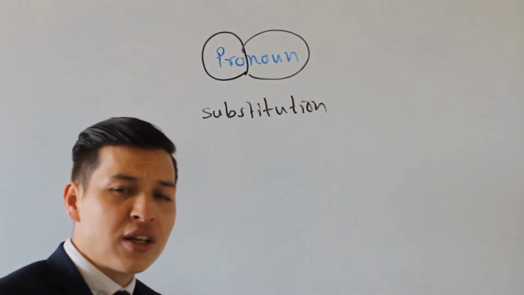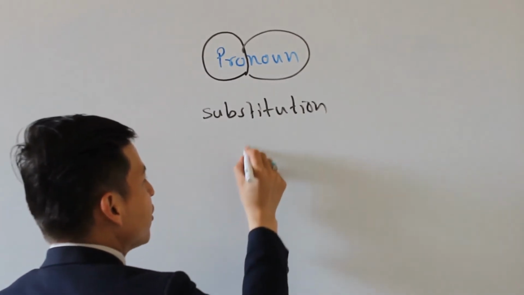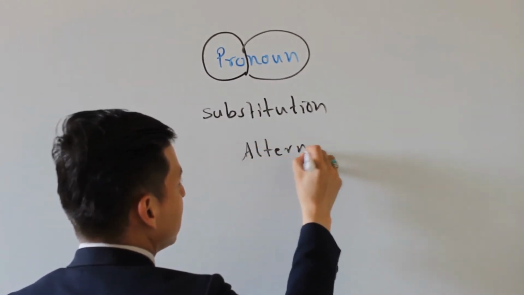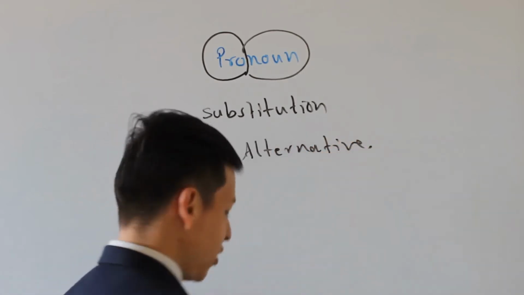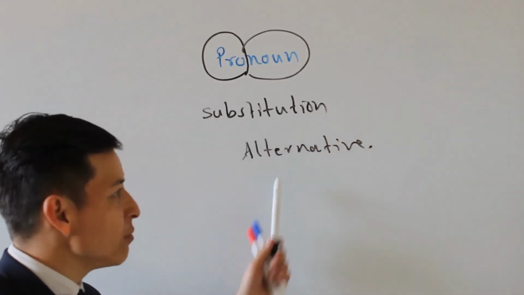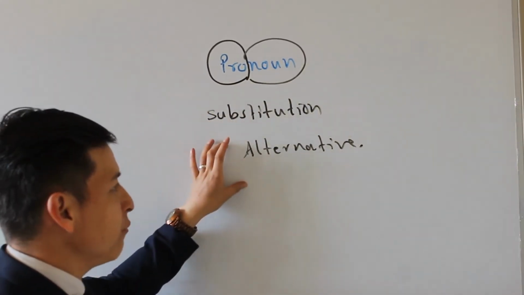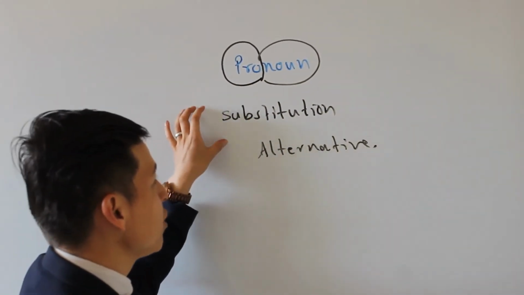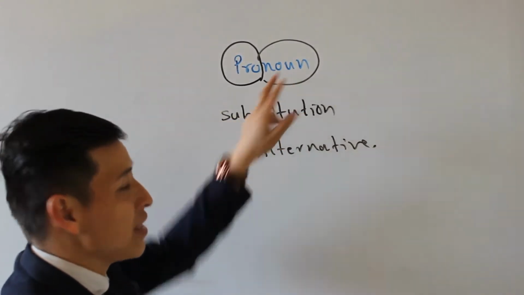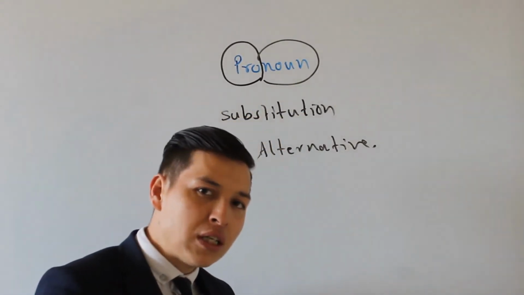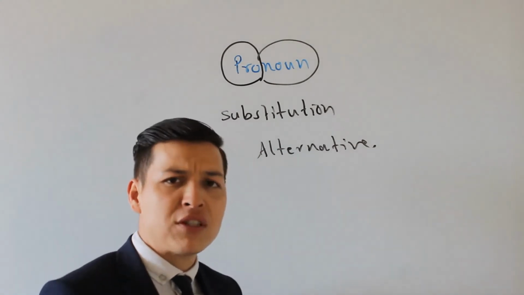Substitution means alternative. Alternative means instead. So the word pro means substitution or alternative, which means that it is used instead of a noun. So pronoun is a word which is used instead of a noun and prevents its repetition.